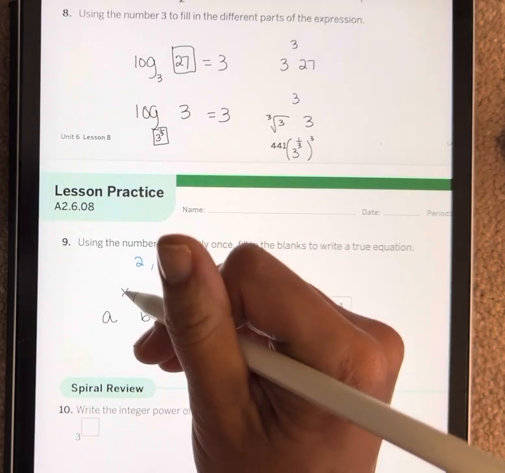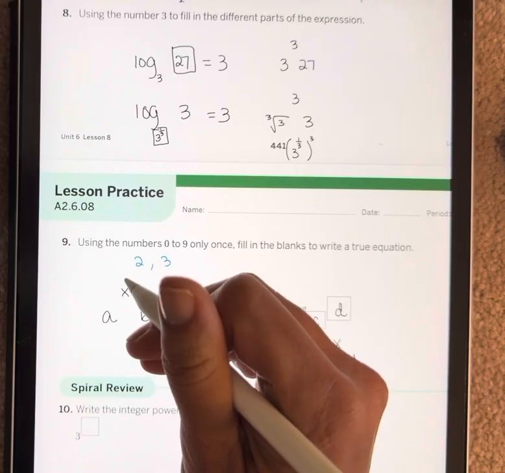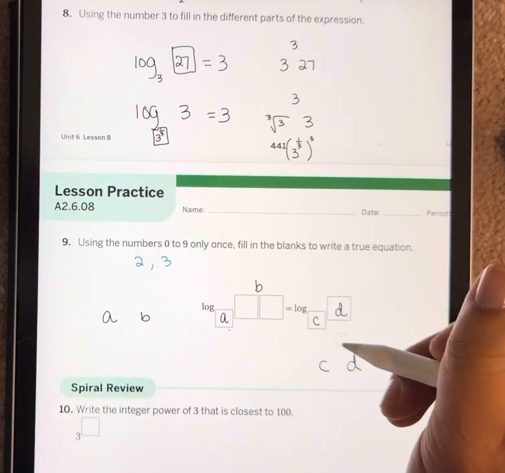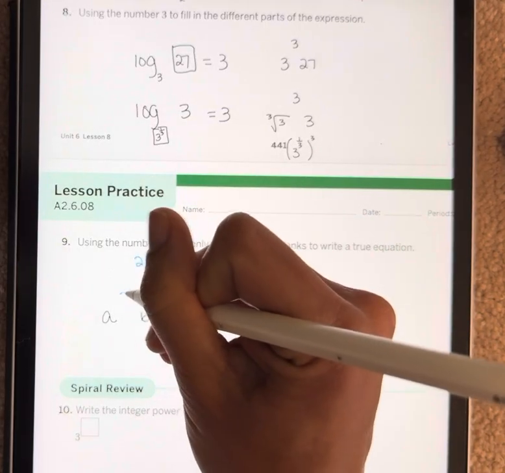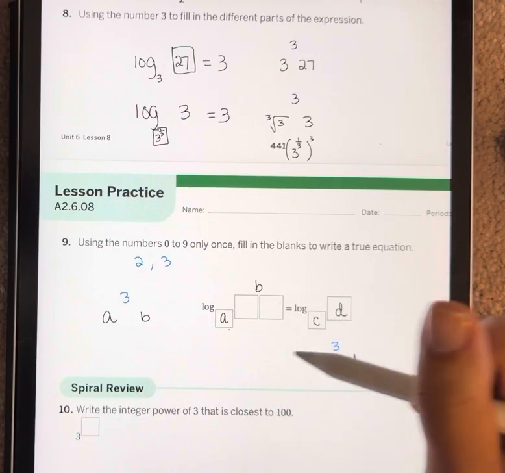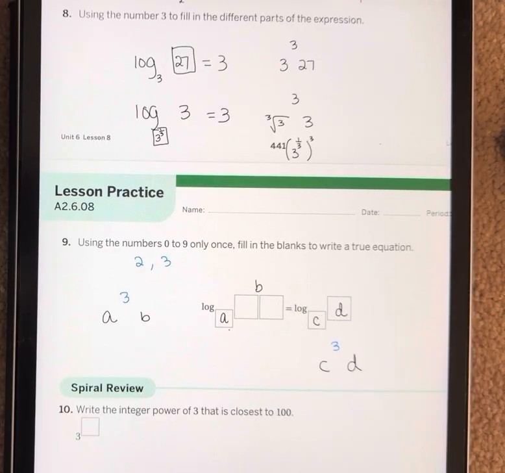So if X is 3, then, oh wait, we don't have to use that number. X isn't a digit that we use here. So that doesn't actually even matter as much as I thought it did.